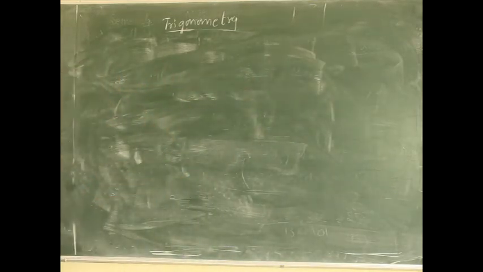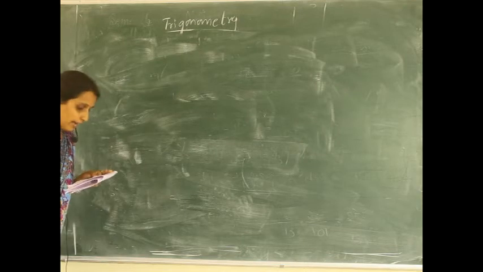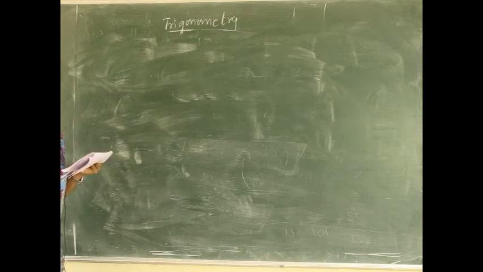The 28th: if sin A by sin B is equal to root 2 and tan A by tan B is root 3, and angles A and B both are between pi by 2 and pi, that means the second quadrant, then what is A minus B?